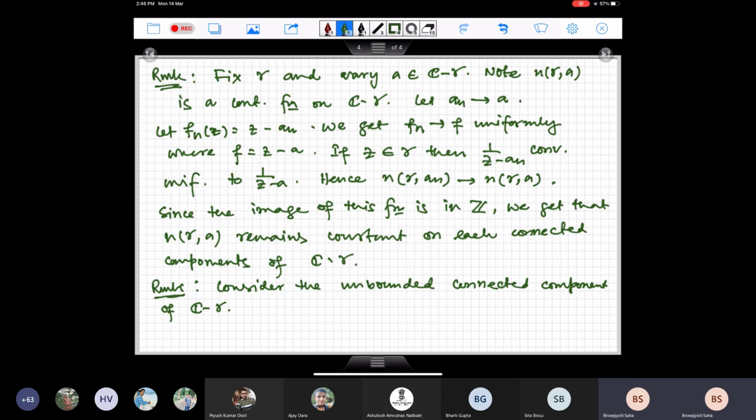That means I can take my points in that component with larger and larger absolute value. First of all, let A belong to this unbounded connected component.